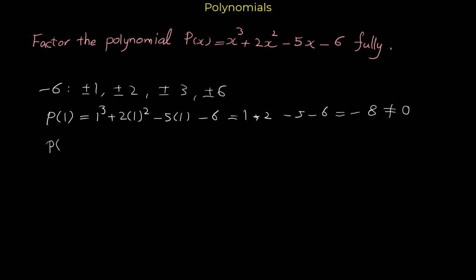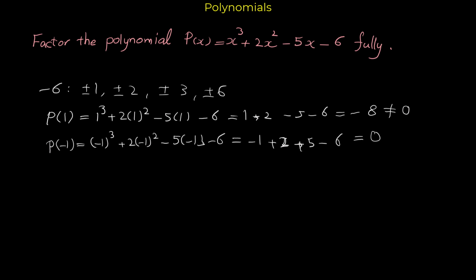Then we try, of course, -1. Then we have -1 to the 3 plus 2 times -1 to the 2 minus 5 times -1 minus 6. This would be -1 plus 2 plus 5 minus 6. -1 plus 2 is 1, 1 plus 5 is 6, 6 minus 6 is 0.